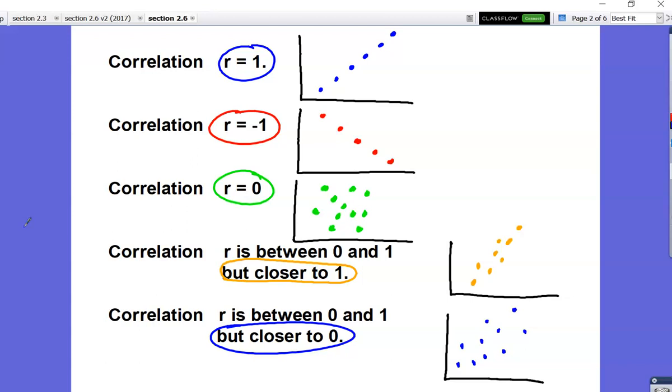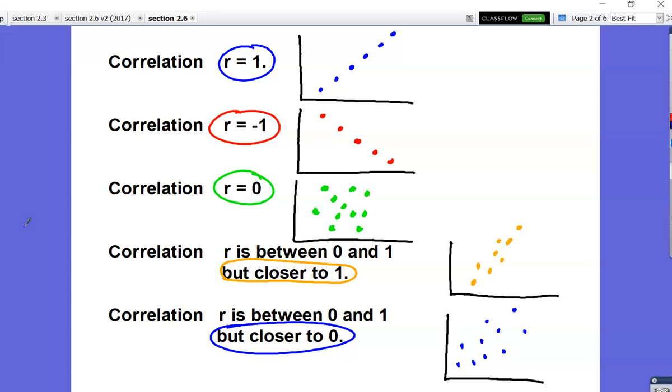You could have a correlation coefficient of -1, which is the same, but as x increases, y perfectly linearly decreases. You can have a correlation coefficient of 0, where the data points are just spread all over. There really doesn't appear to be a pattern as x increases. You can't really say if y is increasing or decreasing.